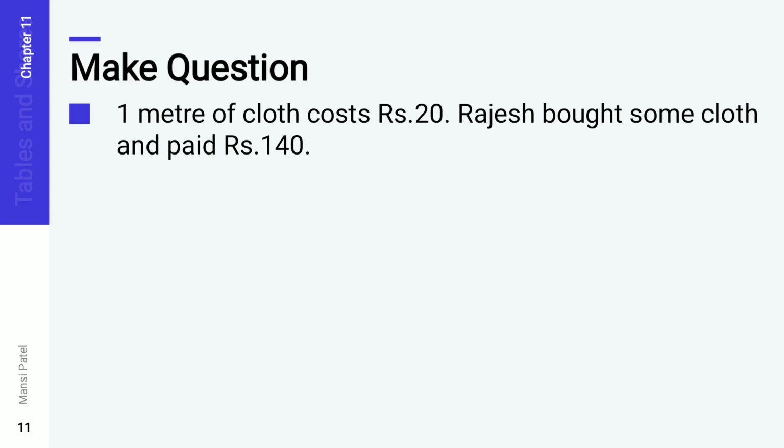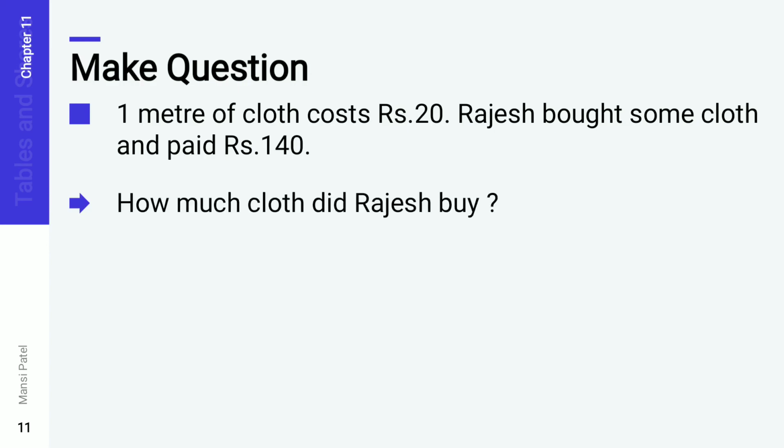Here they were given the cost of 1 meter and after that they were telling that Rajesh bought some cloth, and they were not mentioning how much cloth he purchased, but they were given the total money that Rajesh paid. Rajesh paid how much? 140 rupees. So see here they were given both the things in total. So your question is, how much cloth did Rajesh buy?